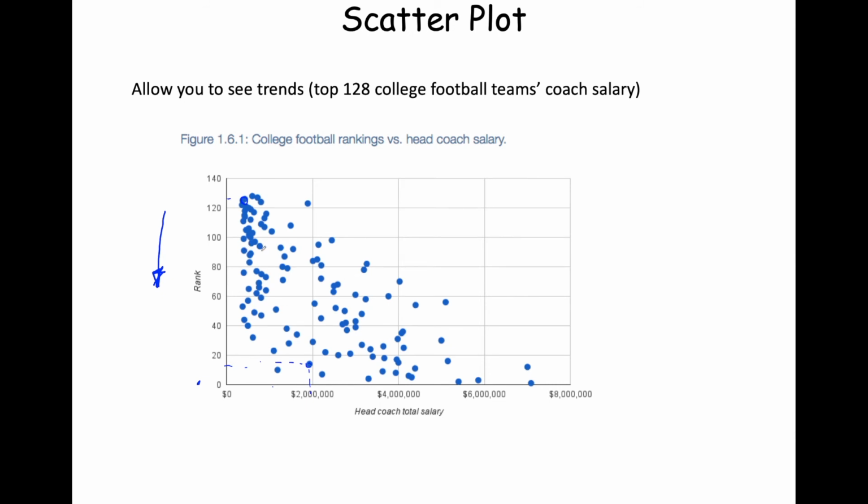So we have the scatter plot, all these points, and each point's projection along the horizontal and vertical axis represents a variable measurement. In this case, we have salary along the horizontal axis and rank along the vertical axis. So this point here would be 7 million as the salary and 1 as the rank.